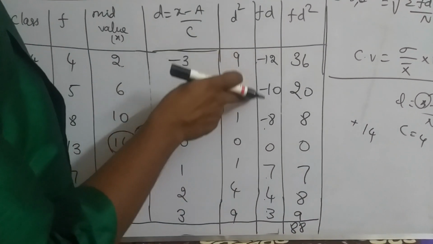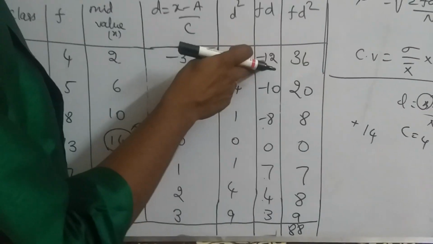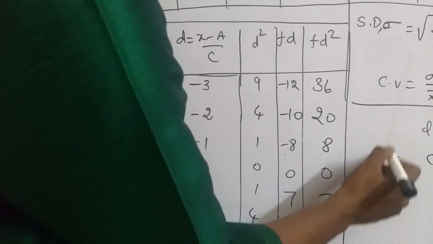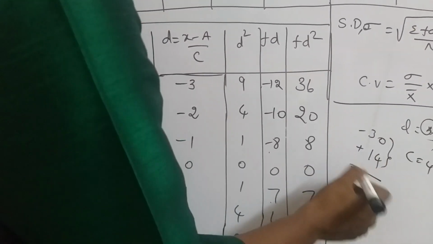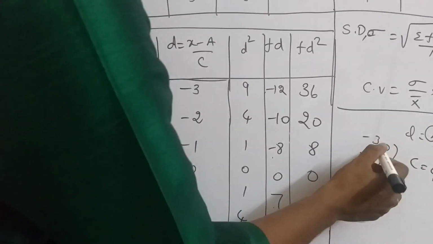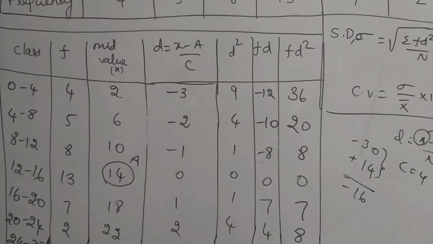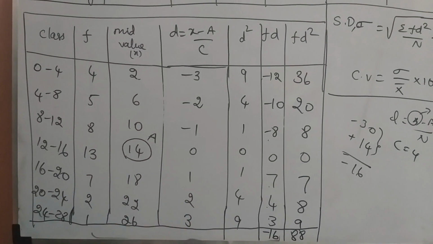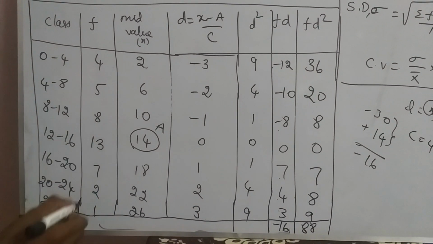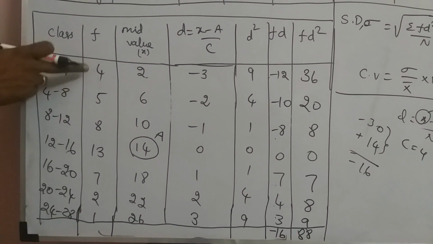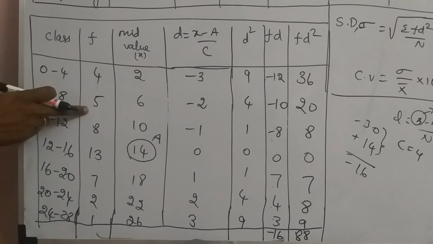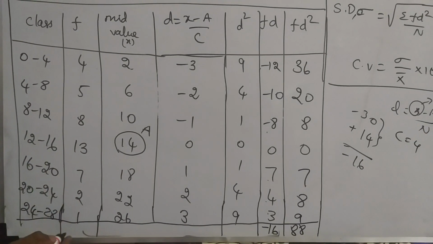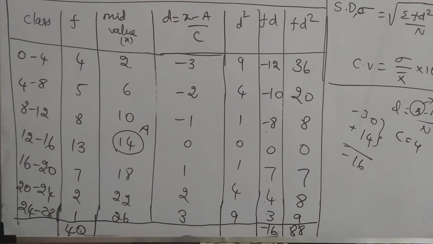The negative values are 8 plus 10 plus 12, which is 30, so minus 30. The difference is minus 16. Capital N is the sum of the frequencies: 4, 9, 17, 30, 37, 39, 40. So N is 40.